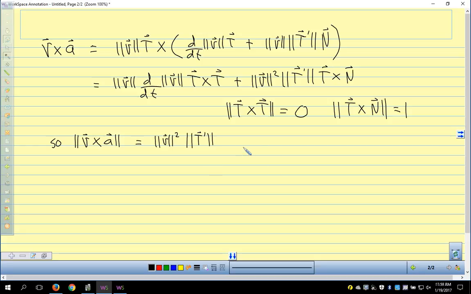And we know that our tangential component of acceleration is the magnitude of v times the magnitude of t prime.